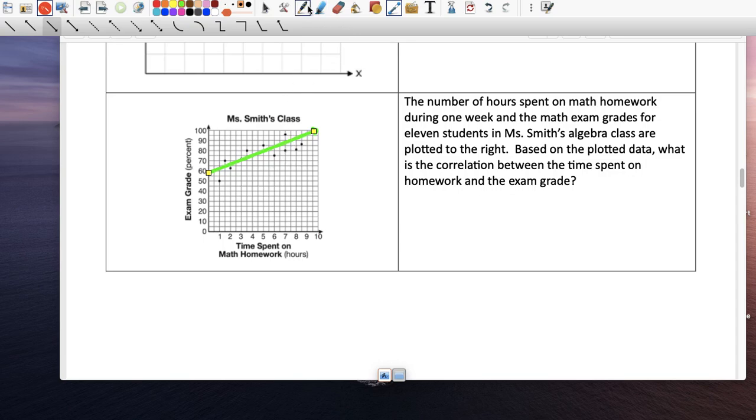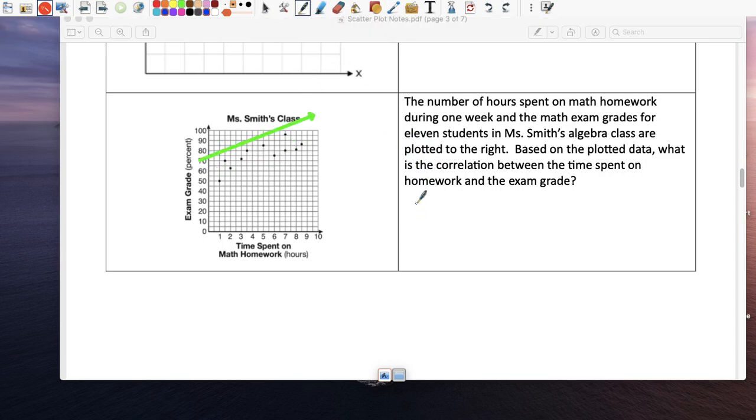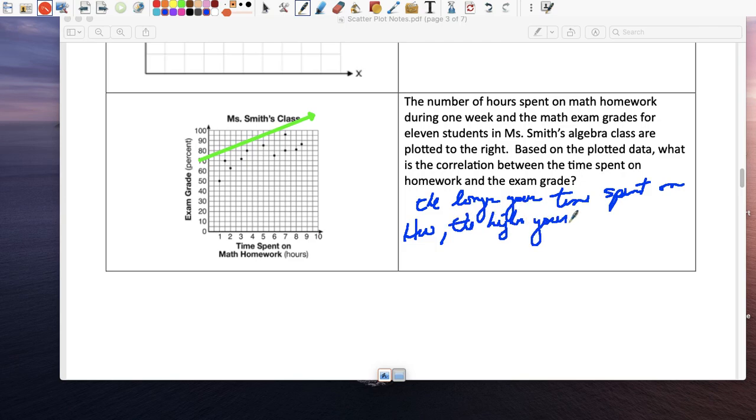Okay. So again, like the previous problem, the longer your time spent on homework, the higher your grade will be. Let me just adjust the line there. The line of best fit should be around here. And tomorrow, we'll try to figure out the best equation for that particular line.